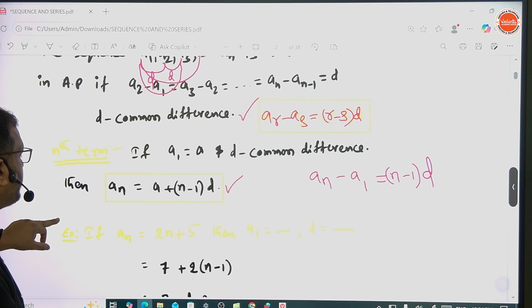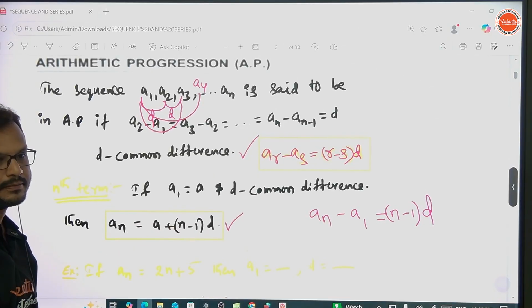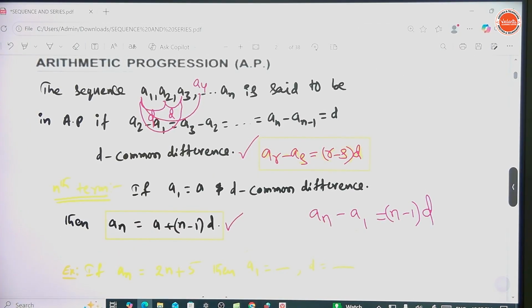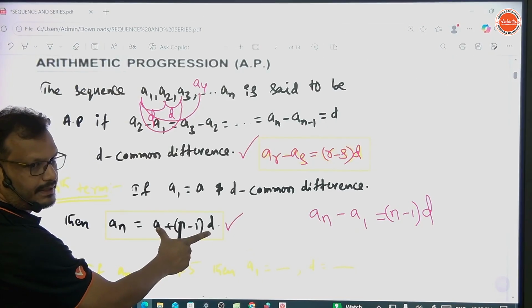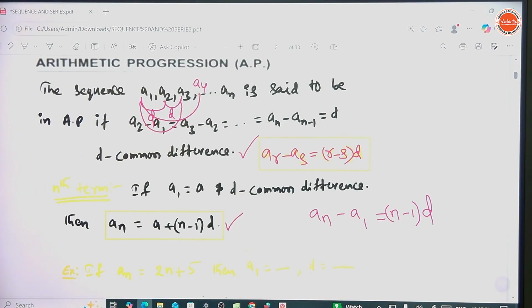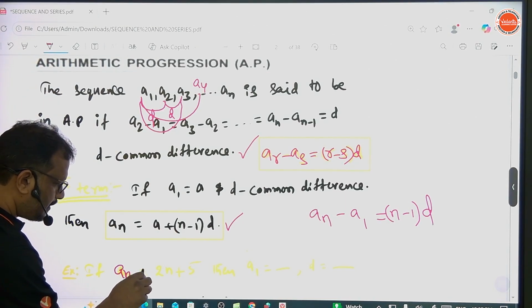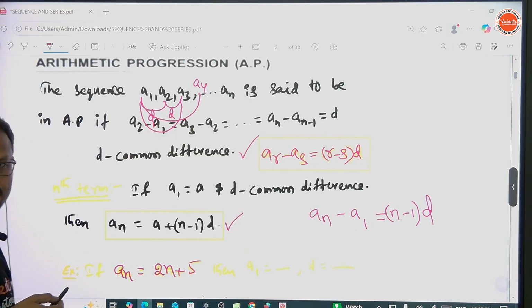For example, if you have the nth term, just identify what is in this. The nth term is linear in terms of n. See, it is a linear equation in terms of n. For example, if I give the nth term, An equals 2n plus 5, generally the nth term is linear only.